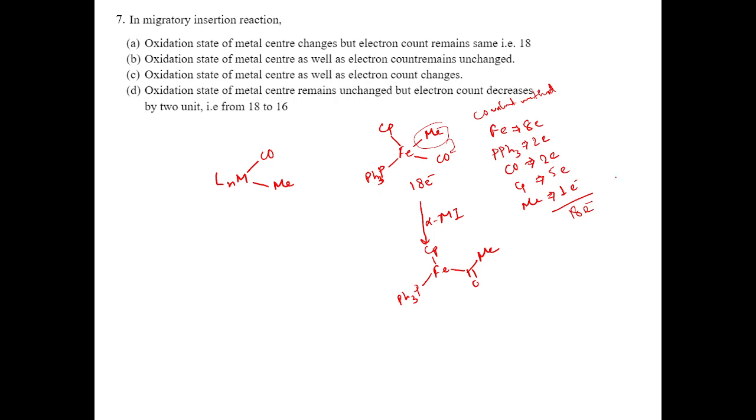The same thing if you do for this one. Here iron has 8 electrons, PPh3 gives you 2 electrons, so here also covalent method.